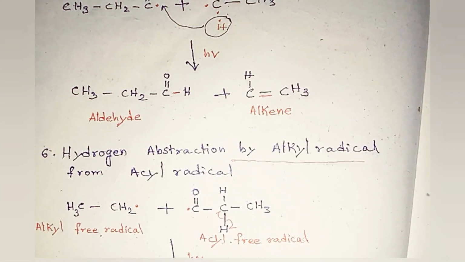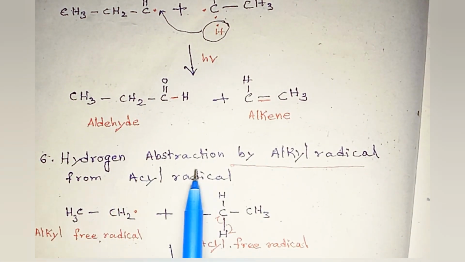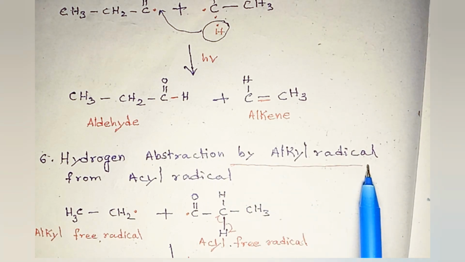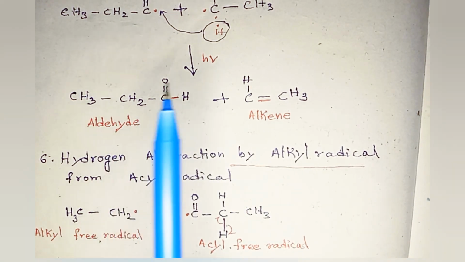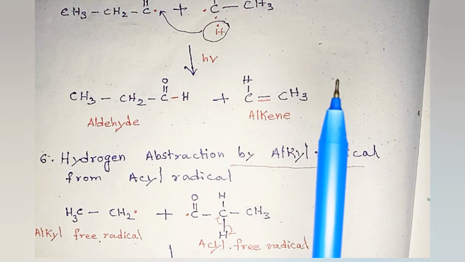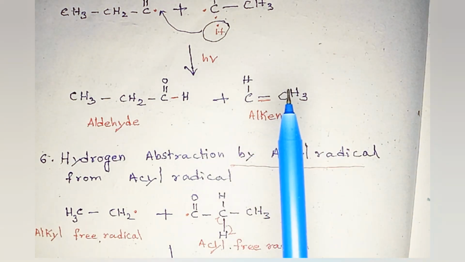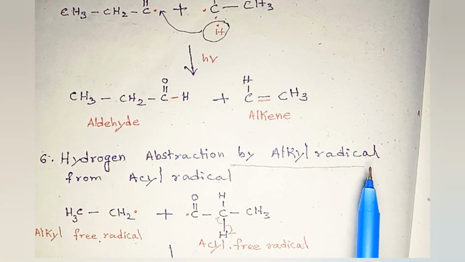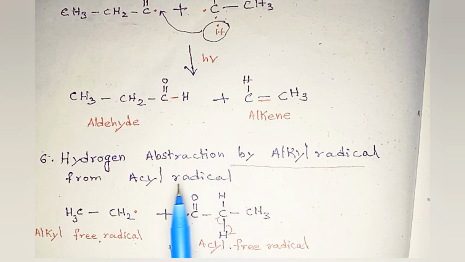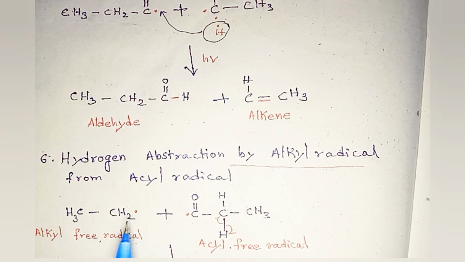Next, hydrogen abstraction by alkyl radical from acyl radical. There it was acyl radical from alkyl radical. Here alkyl radical extracts a hydrogen from acyl free radical. CH3, CH2 radical is alkyl free radical.